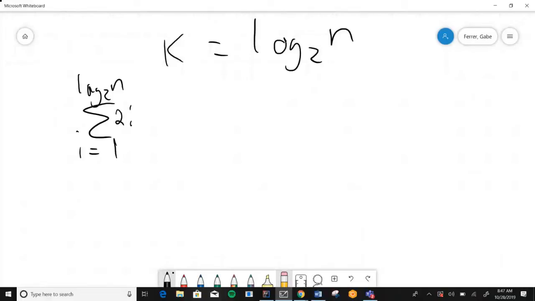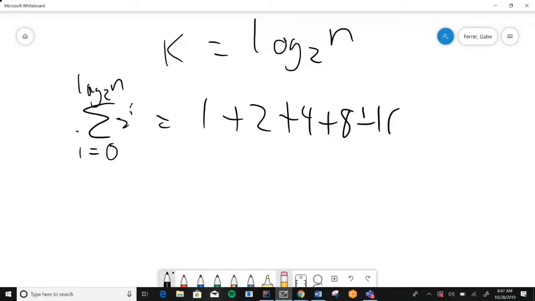We want to start I at 1. No, this is still not right. It's 2 to the I. There we go. So this is equal to 1 plus 2 plus 4 plus 8 plus 16 all the way up to log 2n.